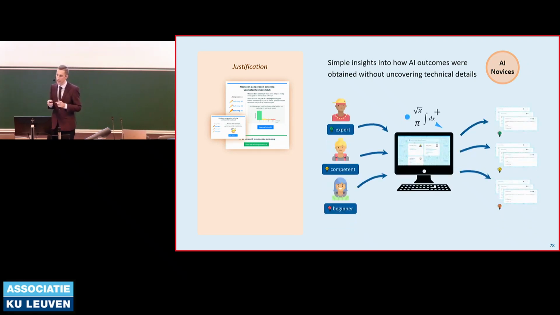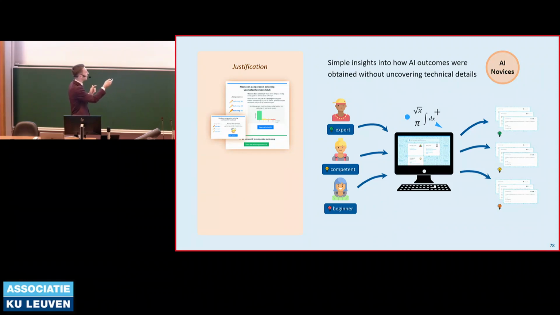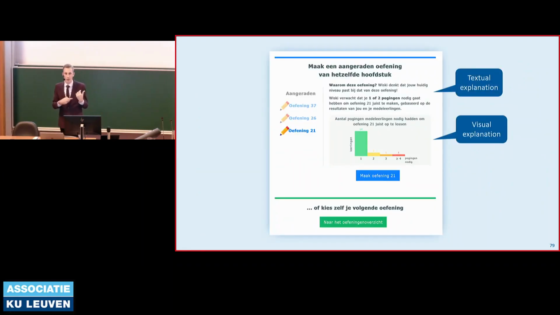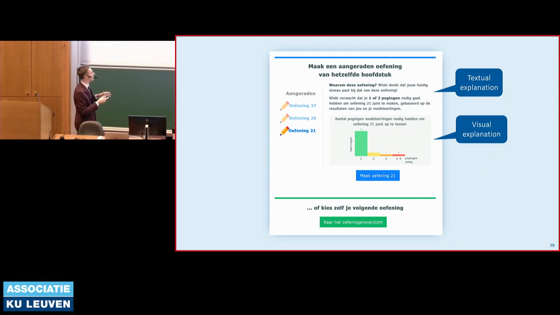So in the general scheme, it looked a bit like this. This is a scheme from before. Once we had these exercises that were recommended, we said, this is recommended because, and then we added something in the because. What we added was this. This is in Dutch, but I will translate. There were 2 parts in this explanation.